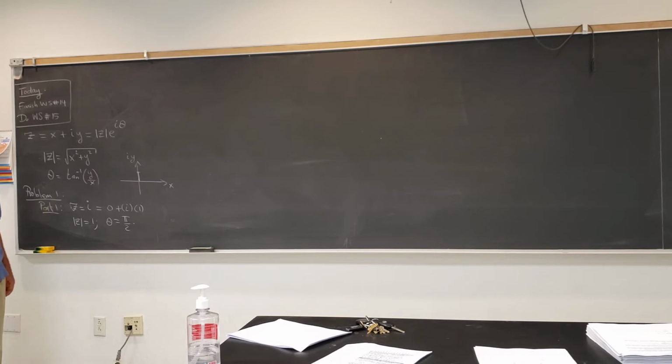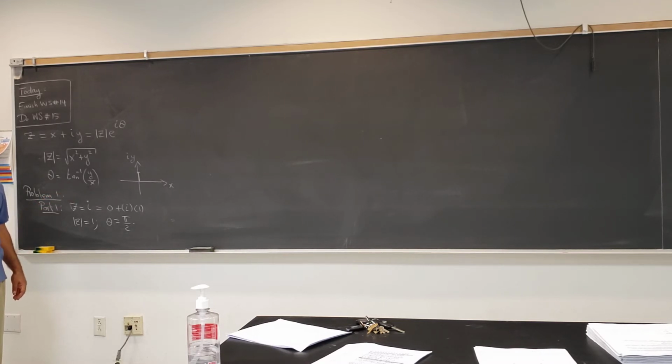Just a question: if you use the formula theta equals the tangent inverse of y over x, wouldn't it be undefined? Yeah, it would be inverse tangent of positive infinity, which is pi over 2, because you're dividing by 0.